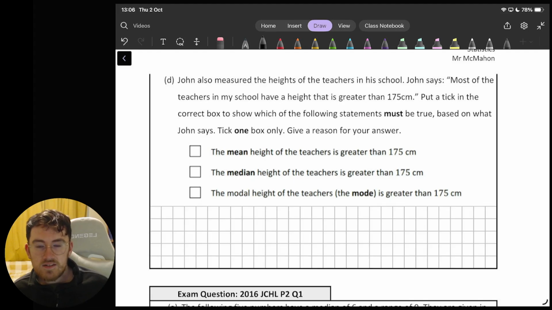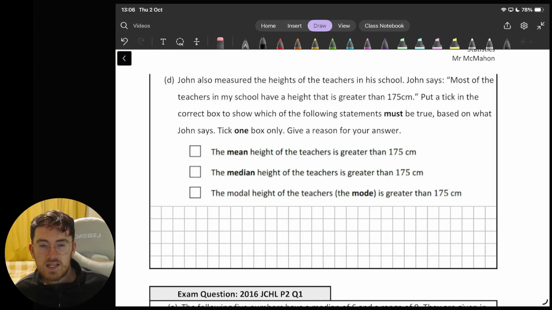Well, the median value is defined as the middle value, so it should be the value that is directly halfway into the data. So if the median is greater than 175, then that would mean that more than half of the data would be below that 175 mark. So it's unlikely to be the median. The modal value doesn't really impact that most of them are greater than.